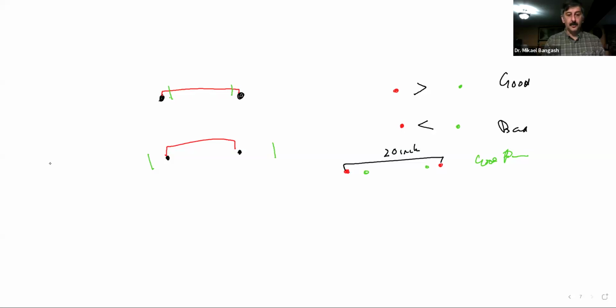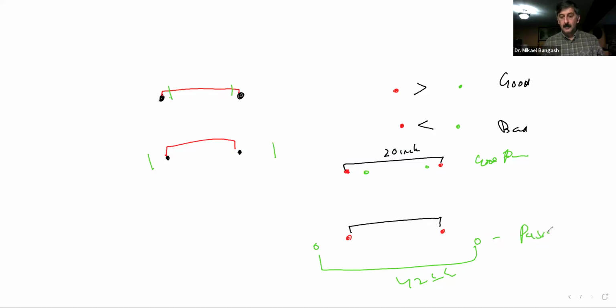Whereas if we had the same door, 20 inches, but your shoulder span was, let's say, 42 inches, or anything greater than 20, that'll lead to a bad passage.